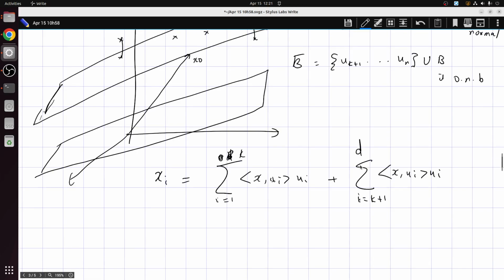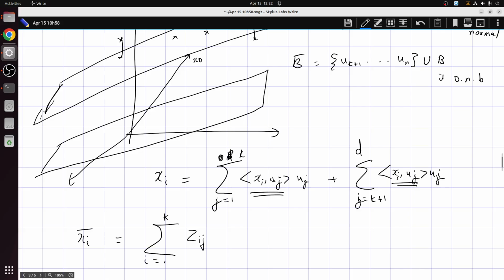So how does that look? You have some component which depends on i, with i going from 1 to k, z i j. You get confused because there is i here, so let me change it to j. Nothing changes, it's just nomenclature. So this is j, and this x is xi. As you can see, each of these components depends on i as well as j, so I represent it as zij.